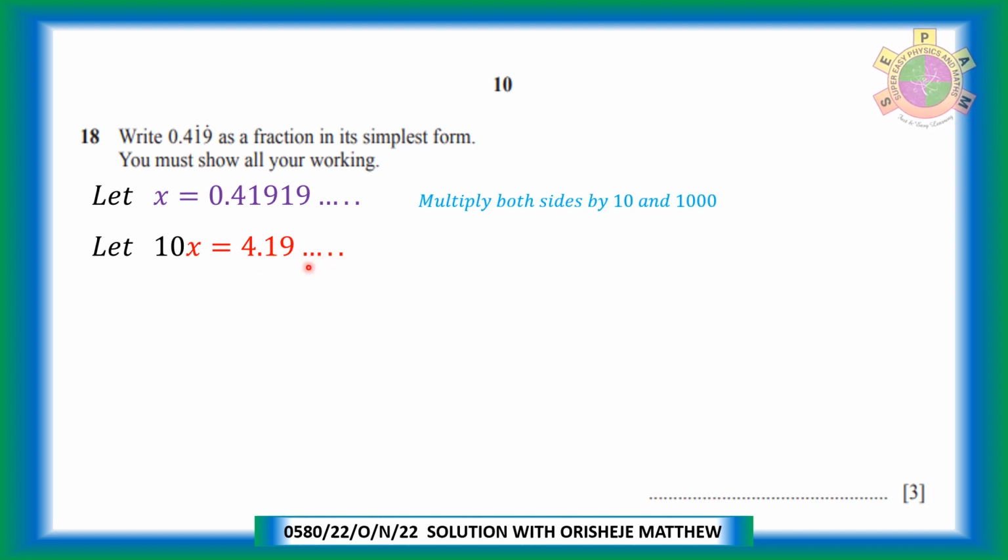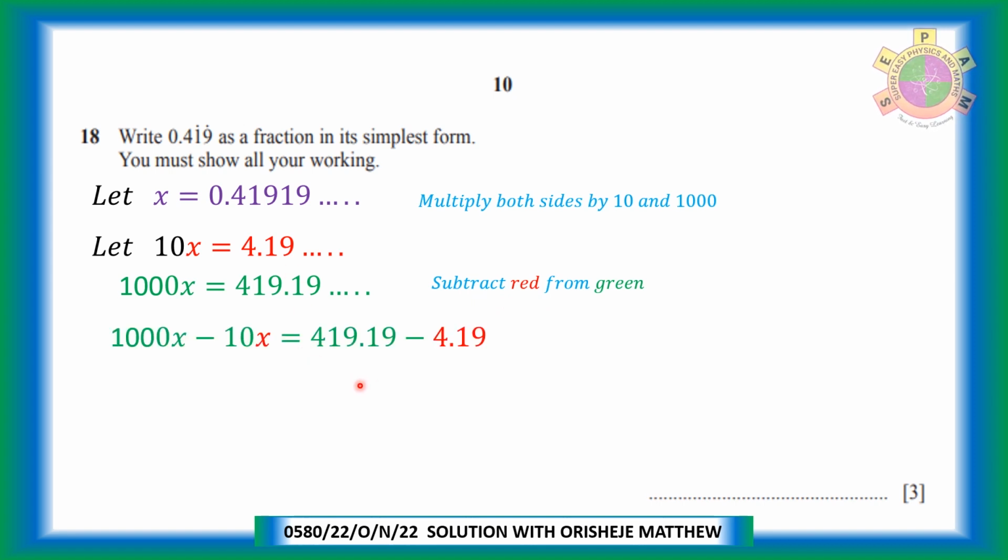Continue the pattern. Then next, multiply by 1000. So 1000s is equal to 419.19. Next, subtract the red from the green. If you carry out your subtraction, 990s is equal to 415.